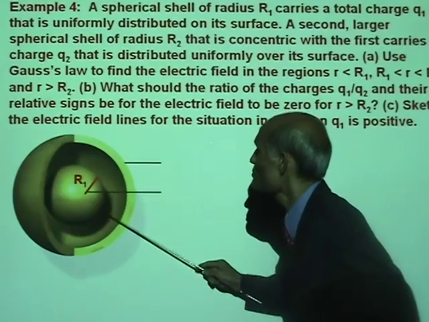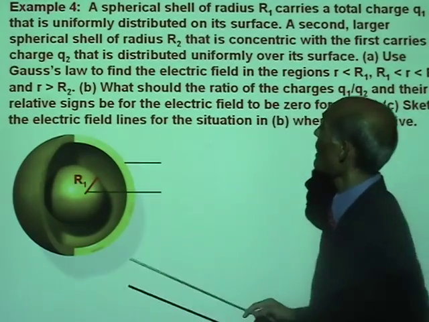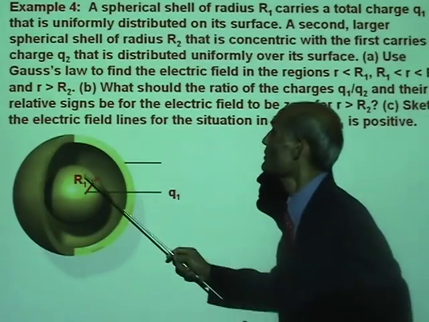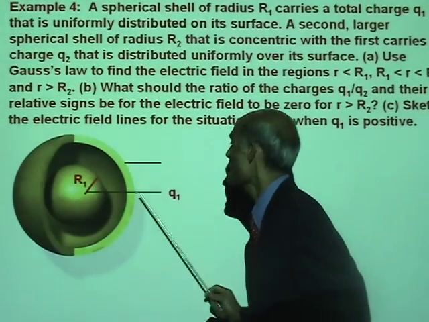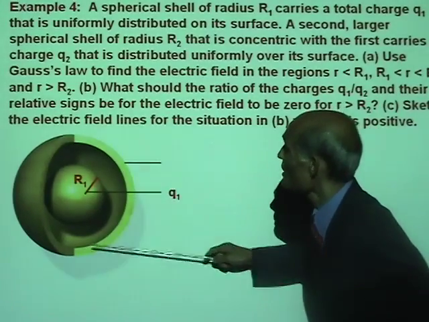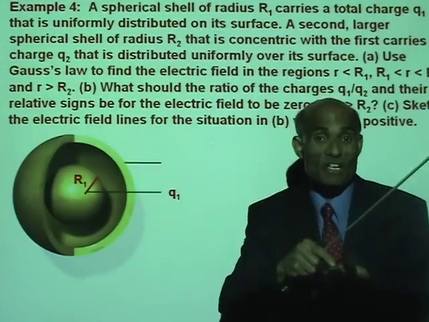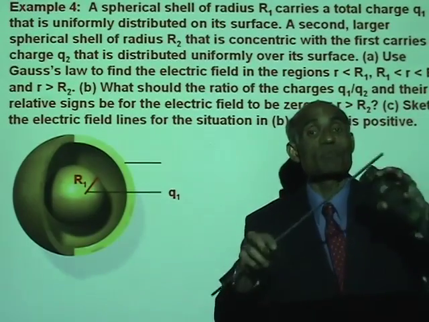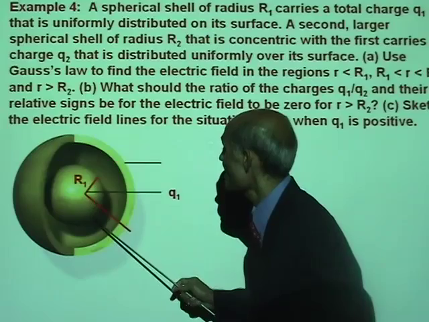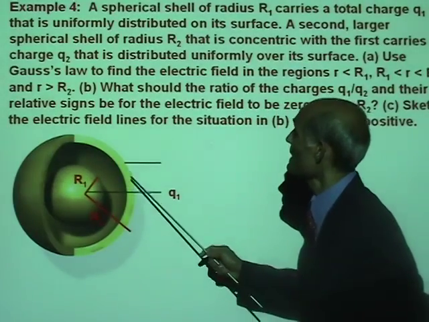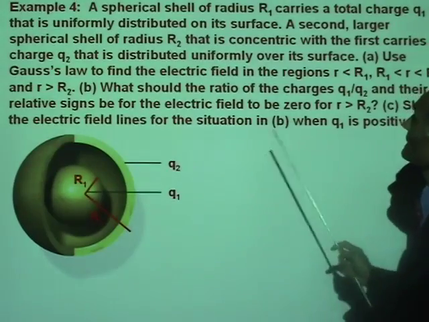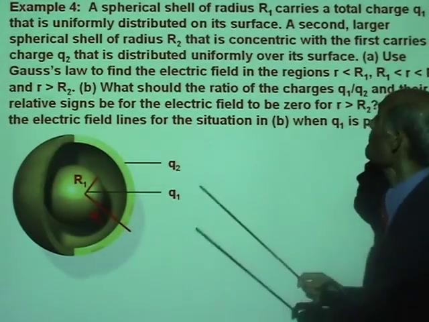This is the first spherical shell of radius R1. Carries a total charge Q1. The amount of charge on that shell is Q1. And a second larger spherical shell that is concentric, meaning the centers of the two shells are the same, has a radius R2 and carries a charge Q2. Alright? So that makes it a little clearer now.